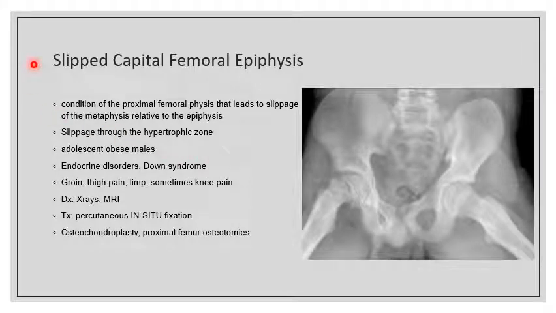Another is the slipped capital femoral epiphysis. If you can see this condition, there's slippage of your head, the epiphysis, in relation to your metaphysis. This one you can see the relationship.